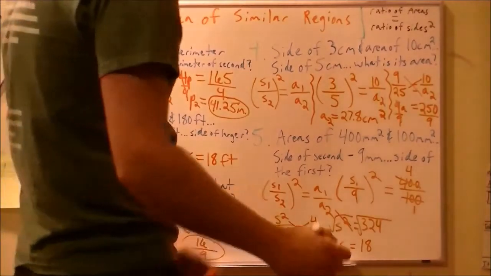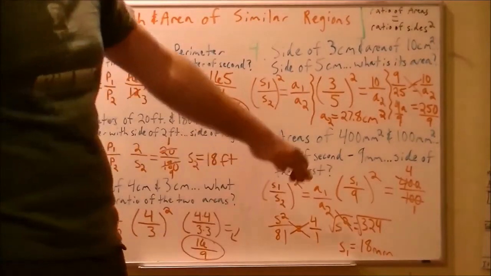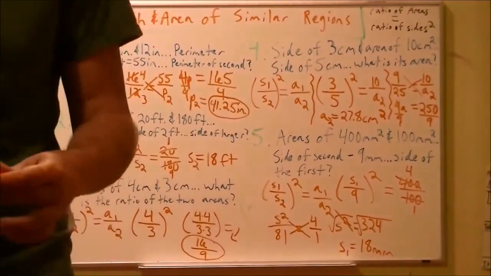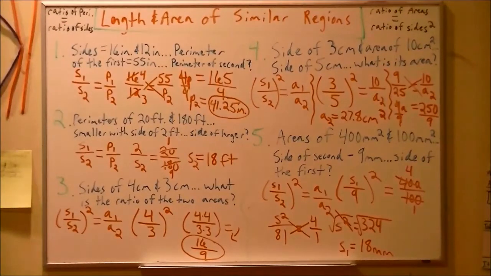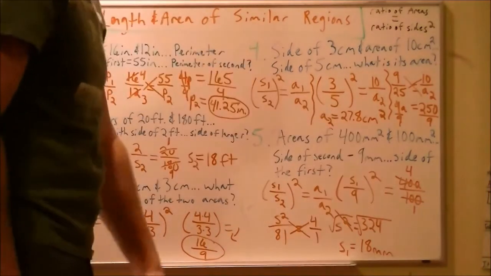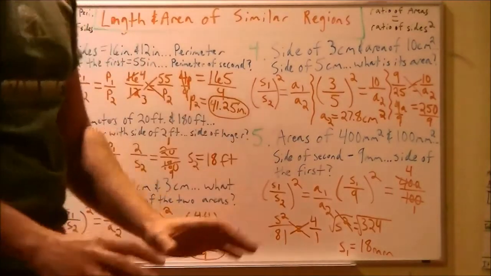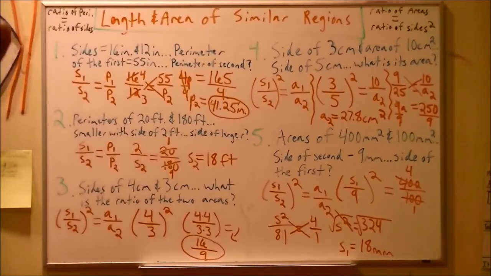We've been doing millimeters, and even though we dealt with area to find that side, our answer is not in area, and therefore it's not going to be in units squared, but it's just going to be in millimeters. And we already used the two areas that were squared. Since we solved for a side, it's simply in units and not units squared. And those units are properly for side 1, 18 millimeters.